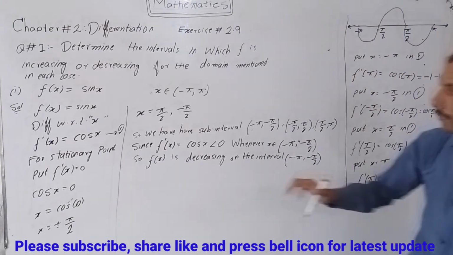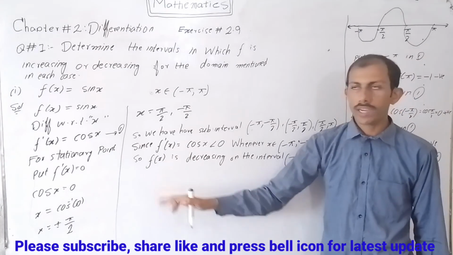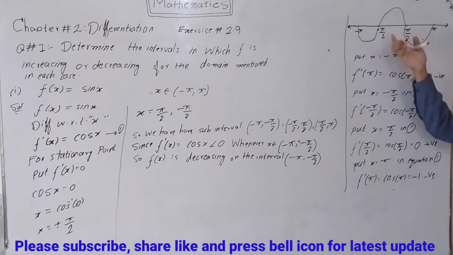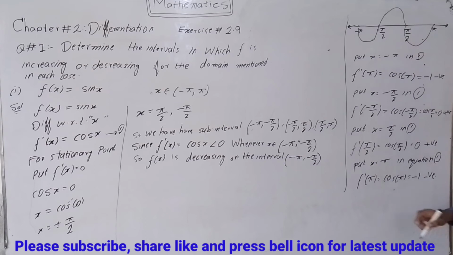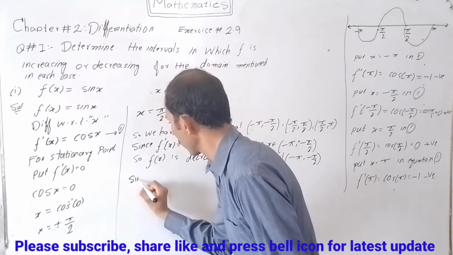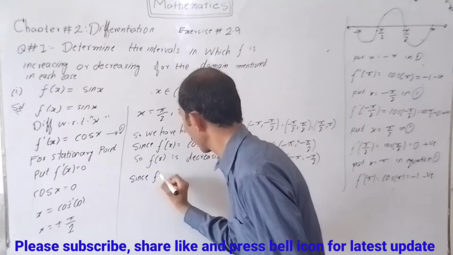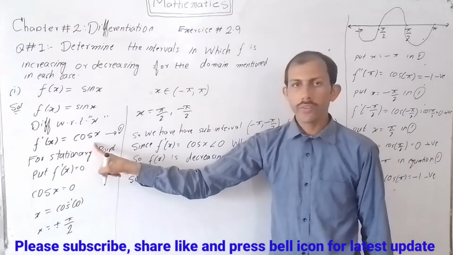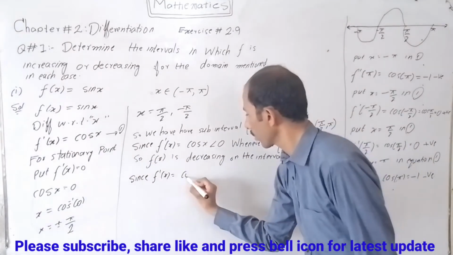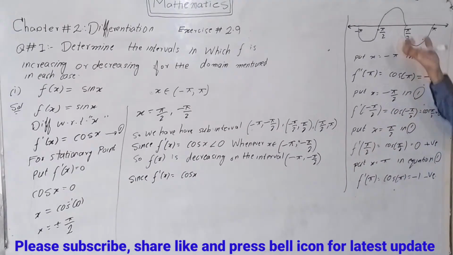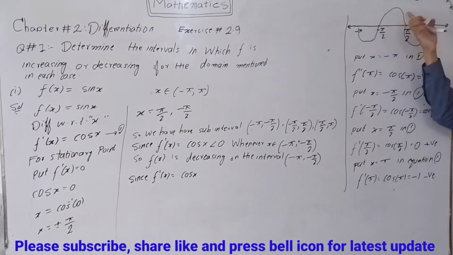Next, since f prime of x on minus pi over 2 to pi over 2 is equal to cos x, it means above the real line, greater than 0.